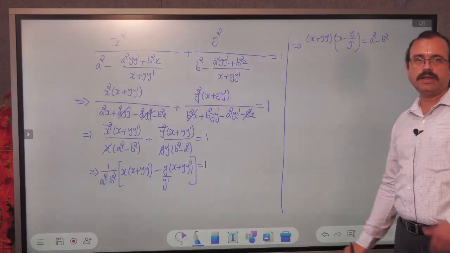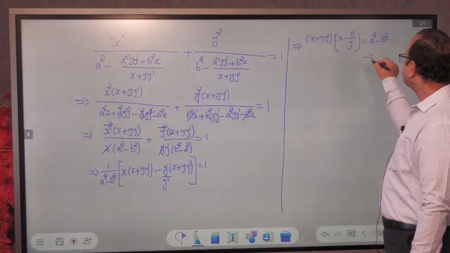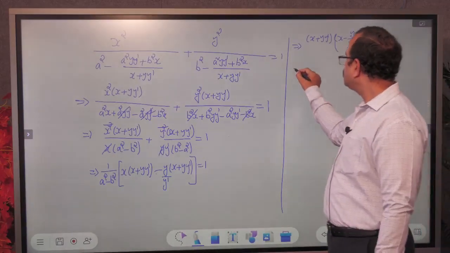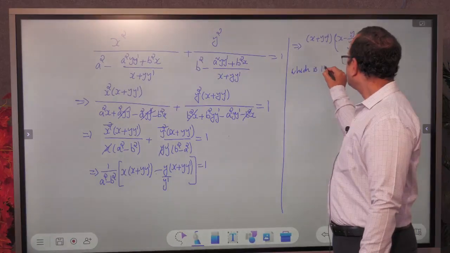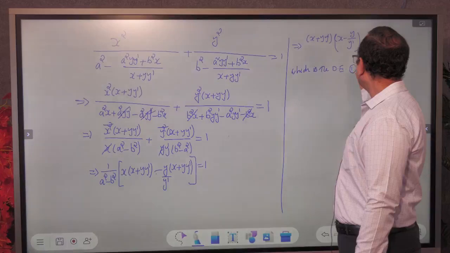So now the lambda is eliminated here. Now this is nothing but the differential equation of the given family 1.